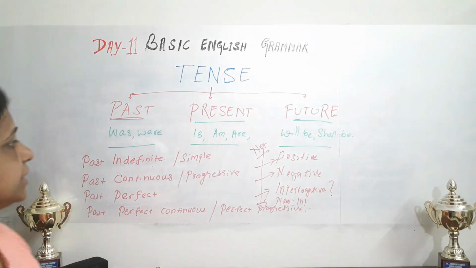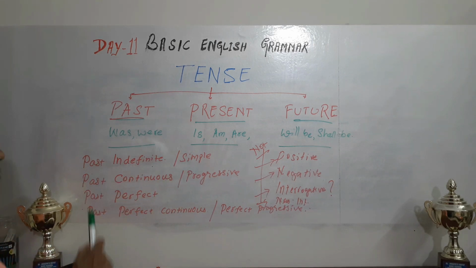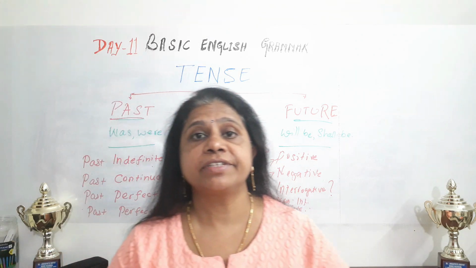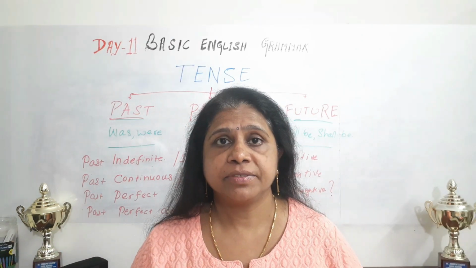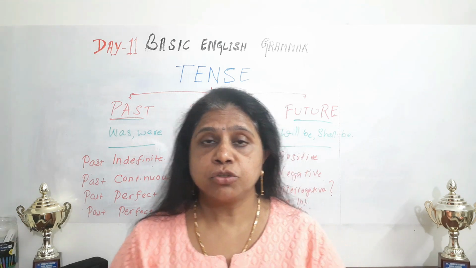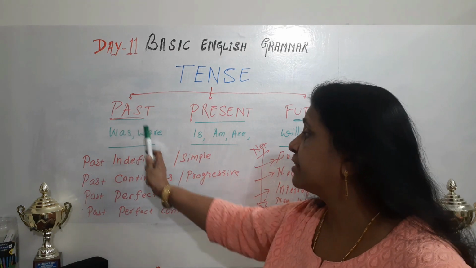Alright, now what does it mean? Indefinite or simple, in the sense, is generally for habitual things, something like the sun rises in the east. For past tense, it gives a simple past tense sentence.